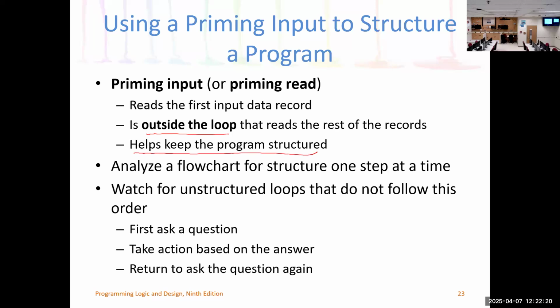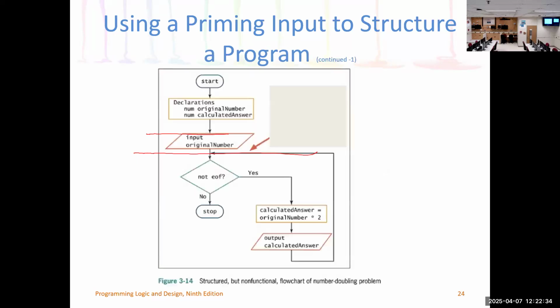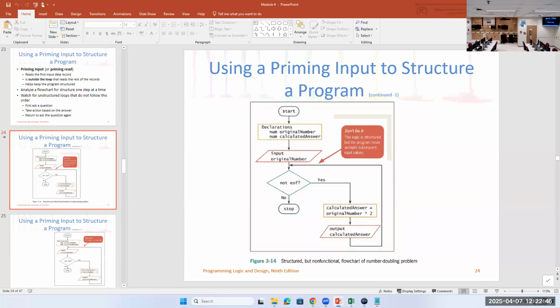Analyze the flowchart for structure one step at a time. If you watch for the loop, it does not follow this order: first ask a question, take action based on the answer, and return to ask the question again. Now, if you look into the priming input here, think about this one. I made a very simple program for this one. I think, when I go back to my slide.